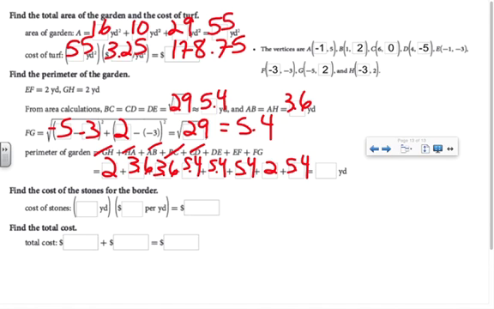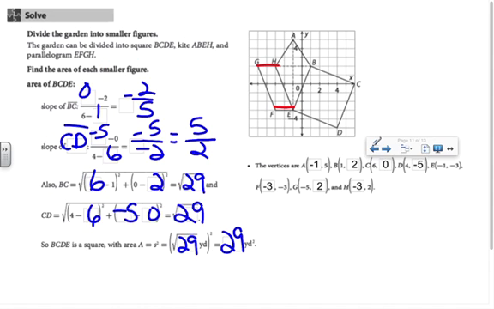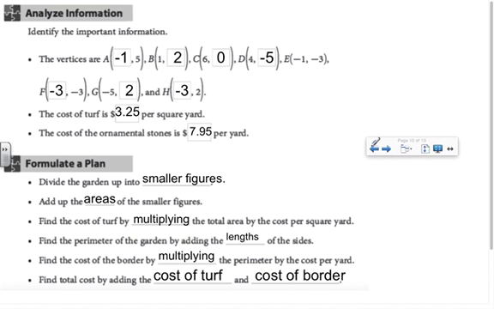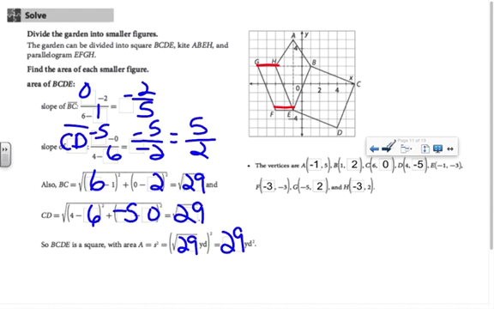2 plus 3.6 plus 3.6 plus 5.4 plus 5.4 plus 5.4 plus 2 plus another 5.4, 32.8. Multiply that by the cost of the stones, $7.95.